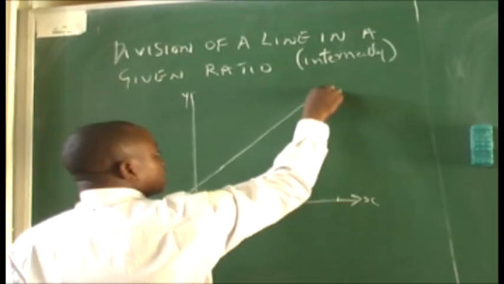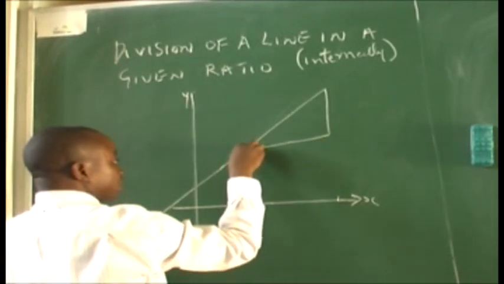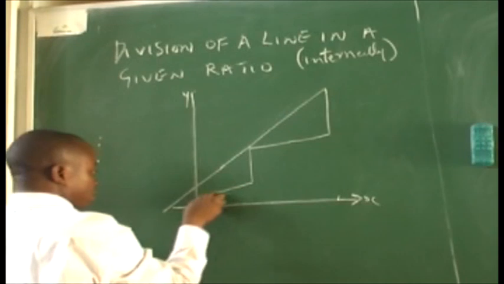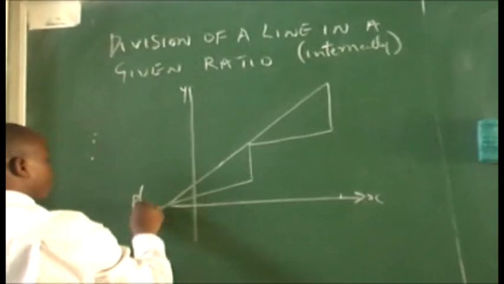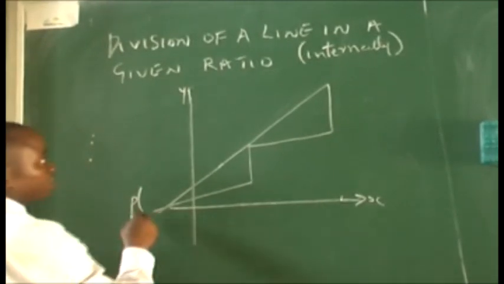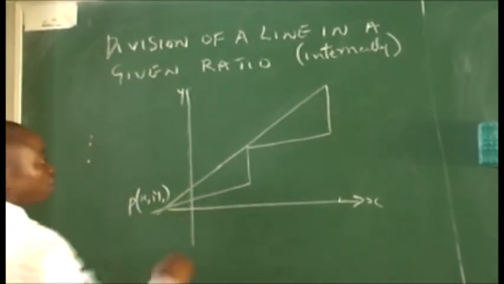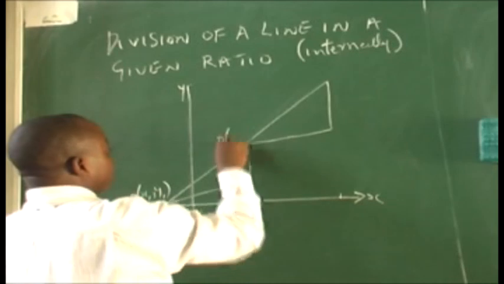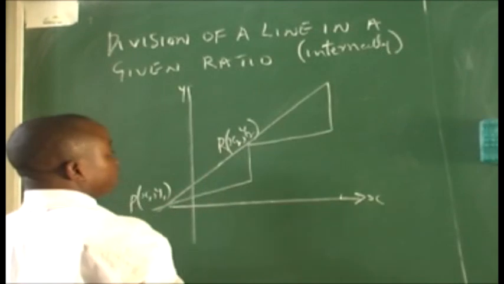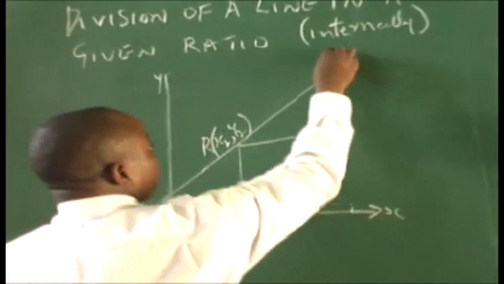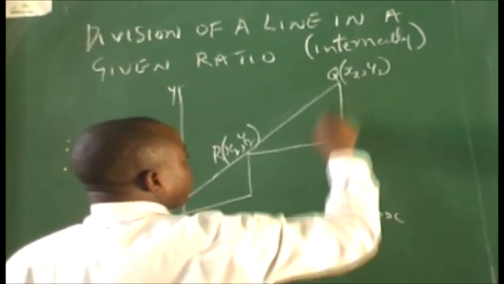So now, if I have something like this, and this is a point, let me call this point P. Point P has its coordinates S1 and Y1. This is point R. Point R will have SR and YR. It's a variable point. Now, I have point Q which has S2 and Y2.